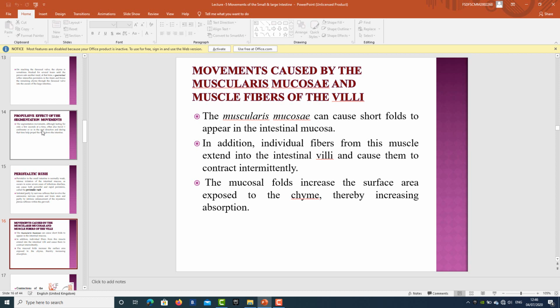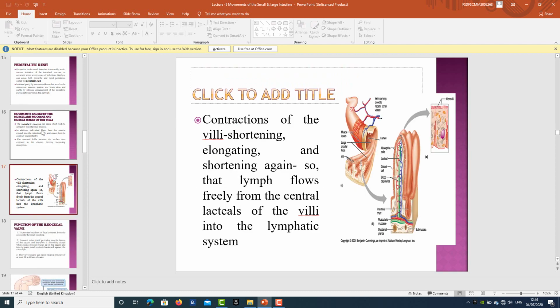The mucosal folds increase the surface area exposed to the chyme, thereby increasing absorption. Contractions of the villi, shortening, elongating, and shortening again, so that the lymph flows freely from the central lacteals of the villi into the lymphatic system.